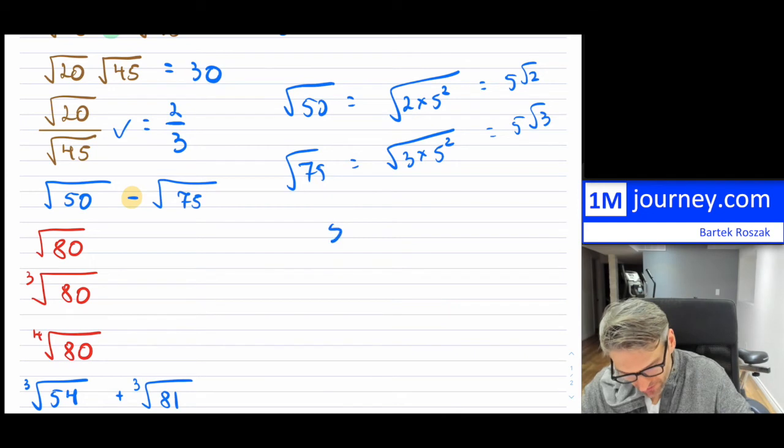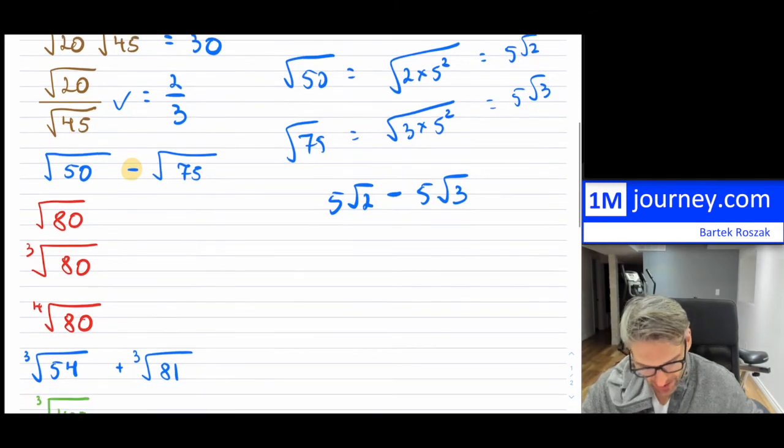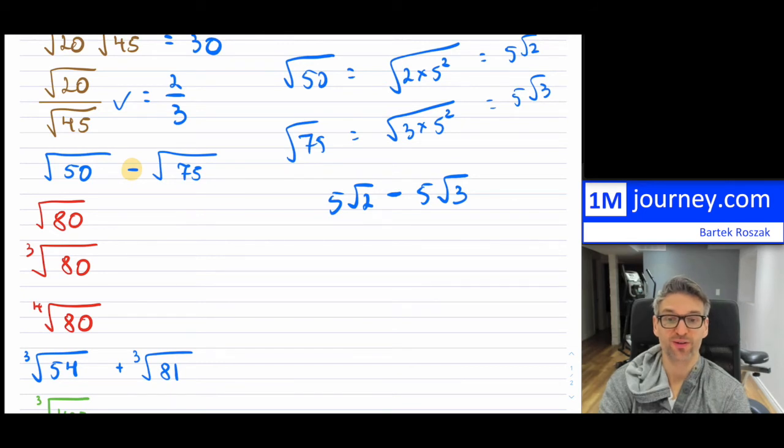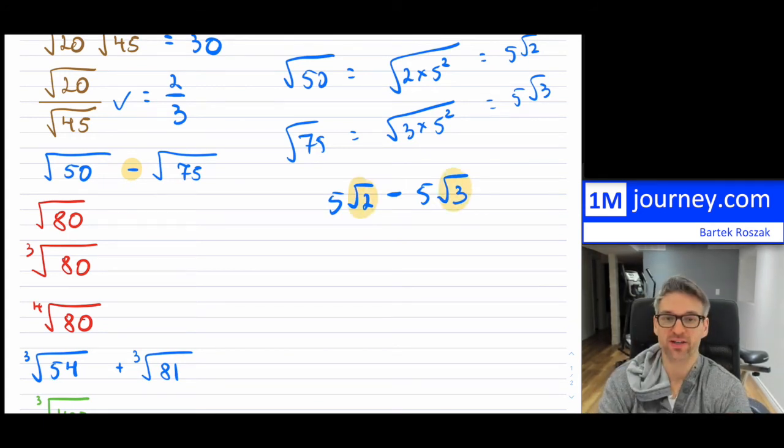Now, in this case, this is interesting, because can you actually subtract these two? Well, the answer is no, you cannot. Of course, you can subtract them, but you can't say, for example, 5 minus 5, and it's going to be equal to 0.